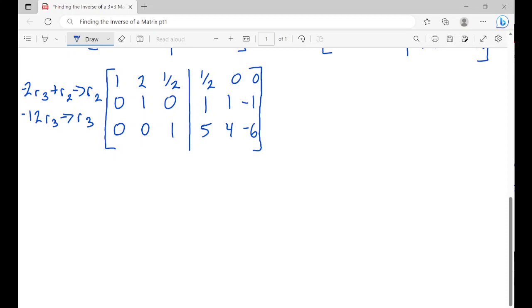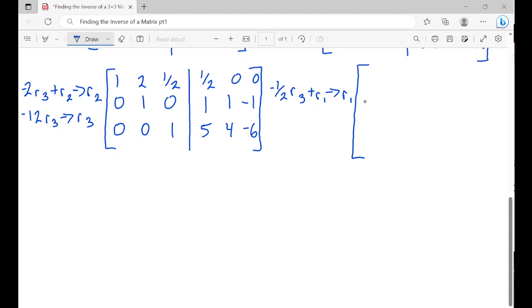Now I'm going to clear the last entry above this 1 to get it to be a 0. So I'm going to multiply row 3 by negative a half. When I add to row 1, this becomes a 0. So negative a half row 3 plus row 1 for a new row 1. It means rows 2 and 3 will stay the same.